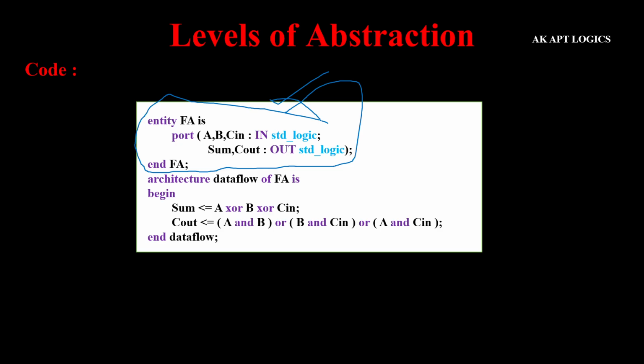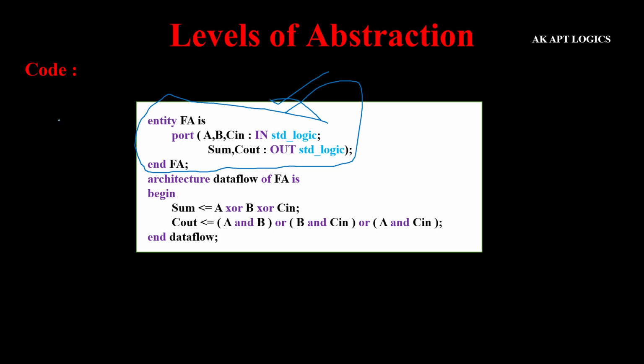We are not mentioning any relations between the inputs and outputs, but this level of abstraction tells the different ways of representing the relationship between the inputs and outputs, right? So where we mention the relationship between the inputs and outputs is in the architecture itself, so only the architecture changes, the entity will always remain the same.